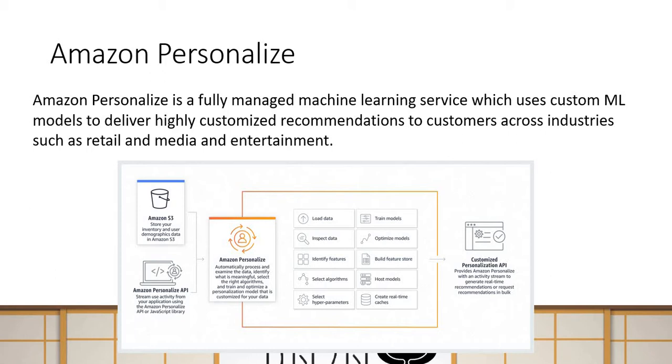Take an example: if your customers have been shopping on your e-commerce site, and based on their shopping history you want a recommendation about what customers would prefer to buy, then you can use Amazon Personalize for that.